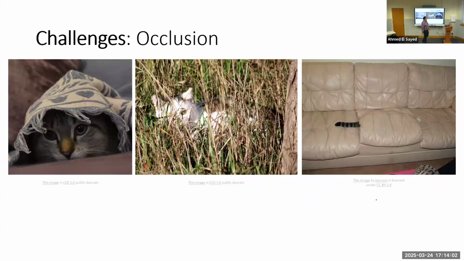And of course, the occlusion. You see? There is a cat here, but the only thing I can see is the hand and the tail. Here, it's fully covered with the grass or whatever this part is. And here it is covered with this blanket.